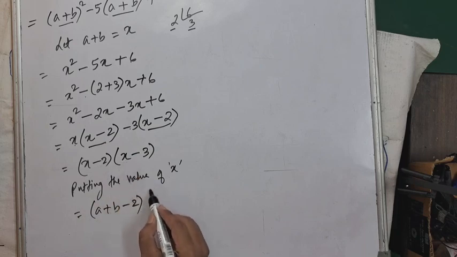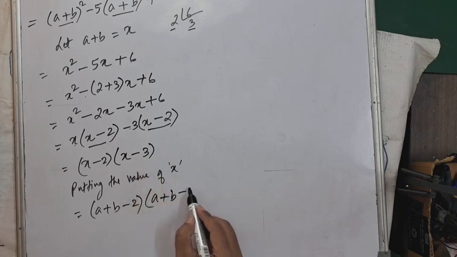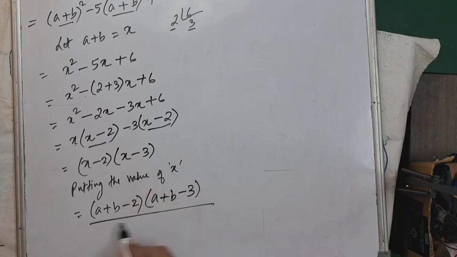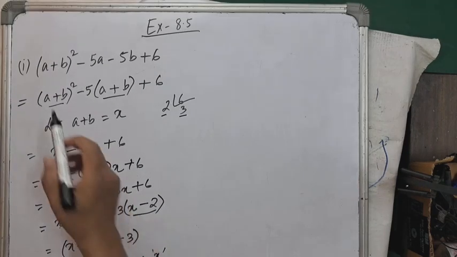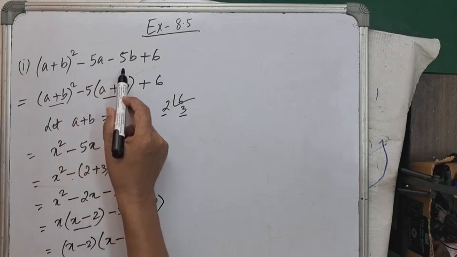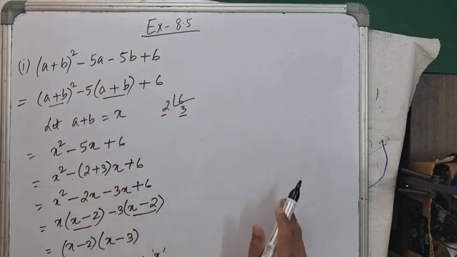Again x here means a + b, and then minus 3. So this is the solution for question number 1. (a + b − 2) and (a + b − 3) are the factors of (a + b)² − 5a − 5b + 6. I hope you got this.